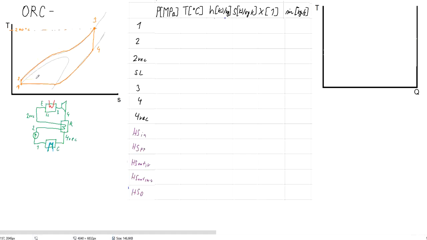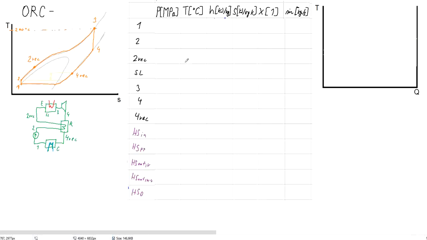So again we had the point 2, some minimum temperature difference. We will get the point for recuperated, and for the transferred heat somewhere we will get the point 2 recuperated.